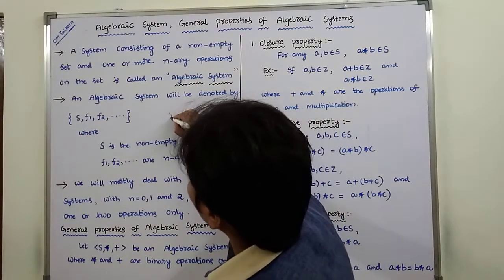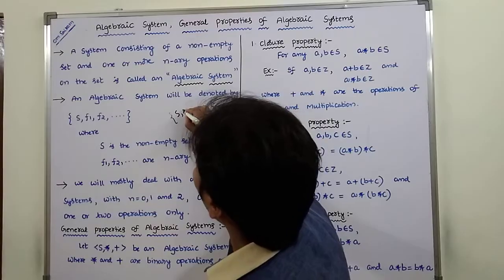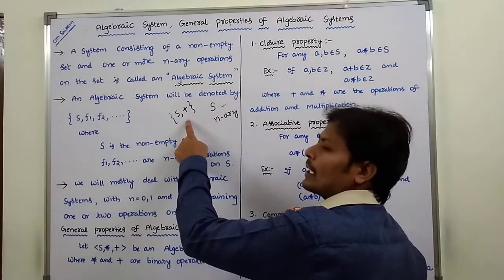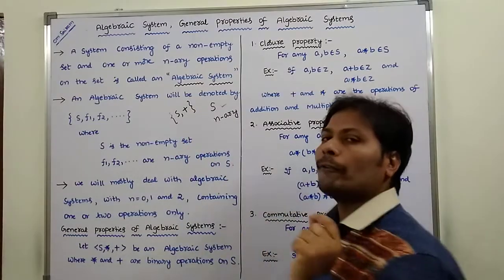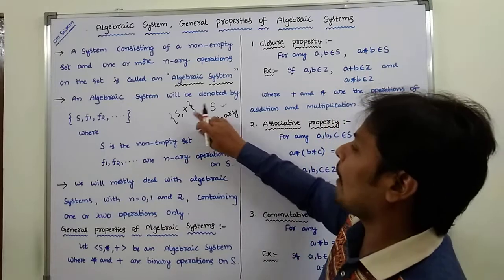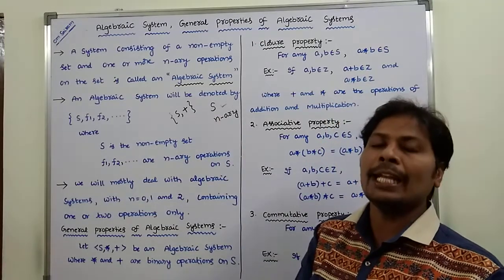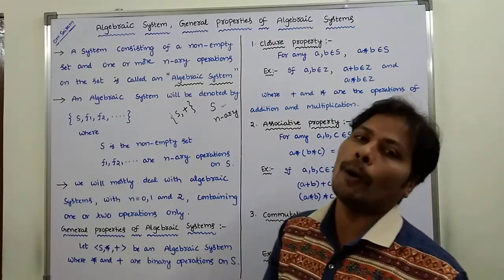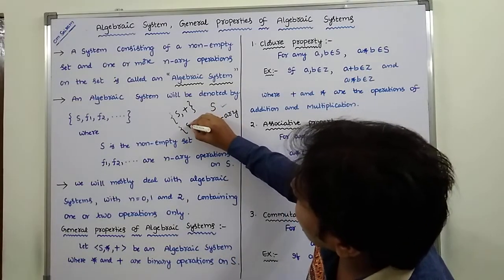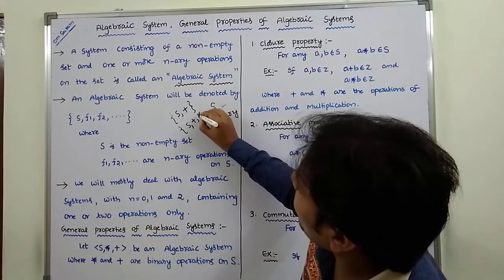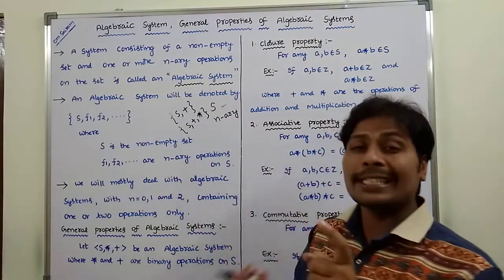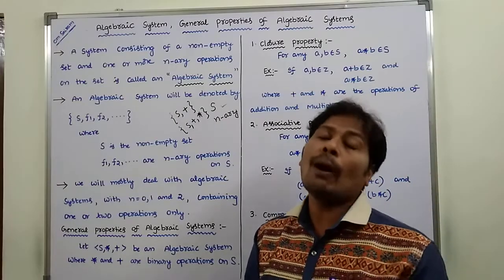For example, S comma plus is the algebraic system consisting of n equal to 1 operator, an algebraic system which deals with only one operation. The second case, S comma plus comma star, is an algebraic system which deals with two operations.